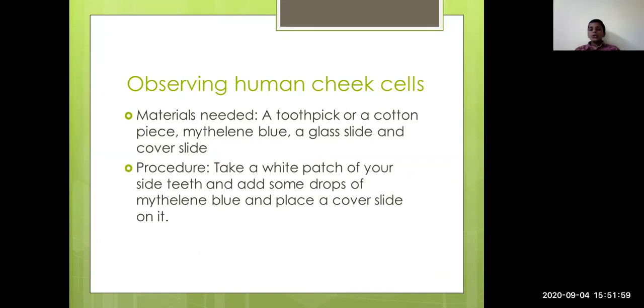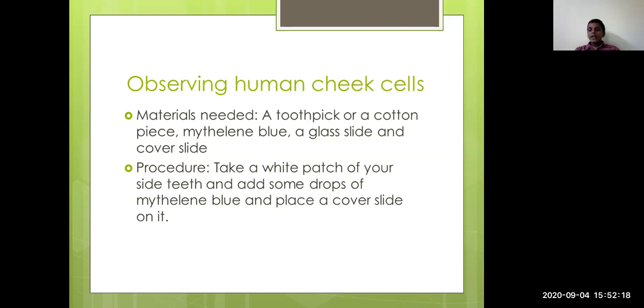Now let's do two activities: observing human cheek cells and observing onion cells. Observing human cheek cells. Materials needed for this activity are a toothpick or a cotton swab, methylene blue, a glass slide, and a cover slip.